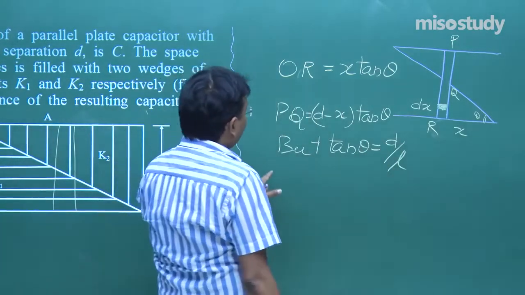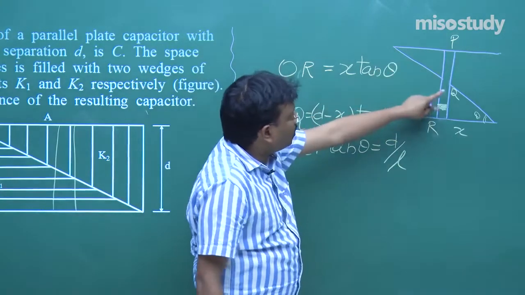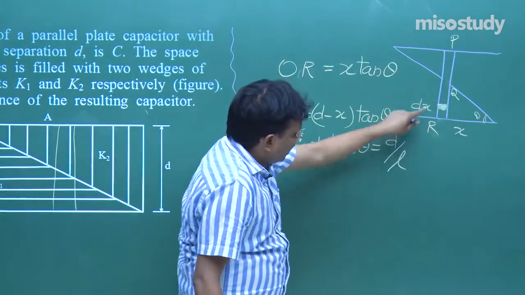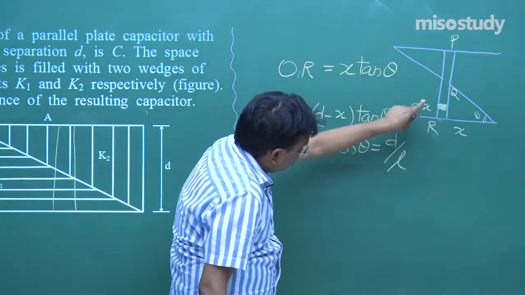Now the capacitance for PQ, that is the upper portion, and the capacitance for this QR.